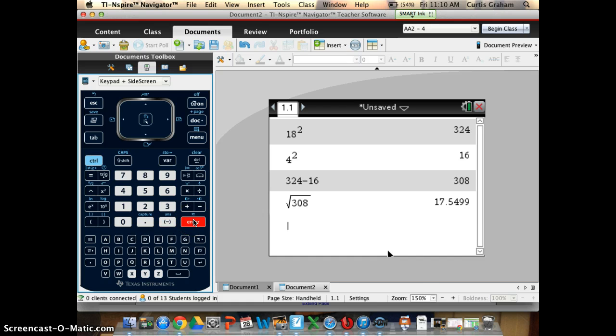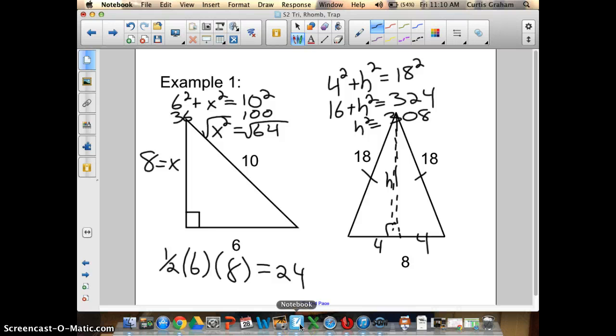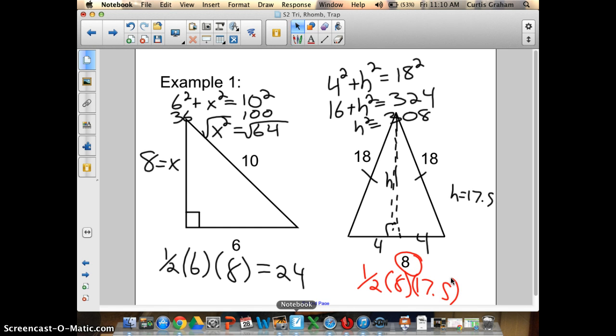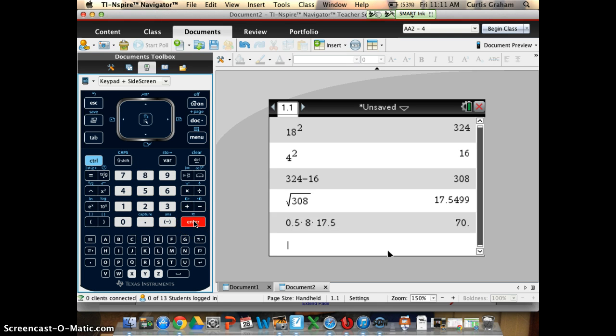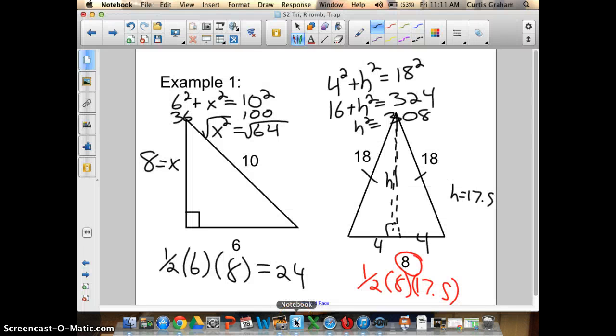I get 17.5. So my height is equal to 17.5. My base is equal to 8. So I'm going to type that in my calculator. 1/2 times 8 times 17.5. And I end up with 70 as my answer. So the area of this triangle is 70.